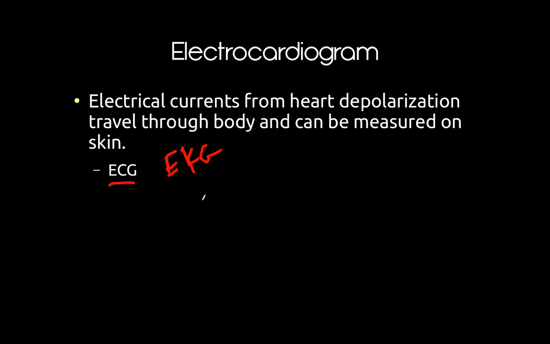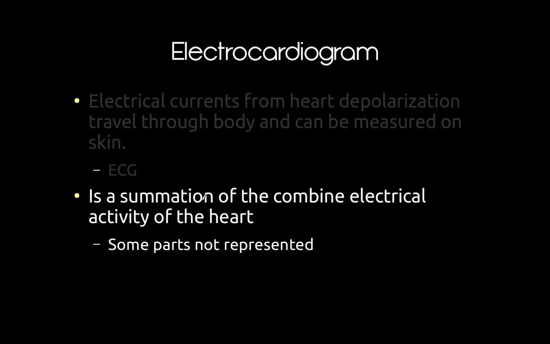We can get a good idea of what's happening with your heart by measuring this electrical current that's being conducted to your skin surface from your heart. Now, a couple things to keep in mind here is that whatever is happening, this is a summation of all the combined electrical activity of the heart.